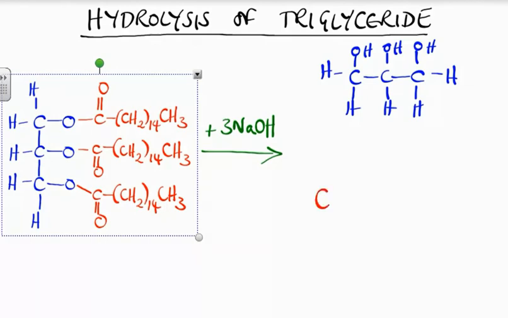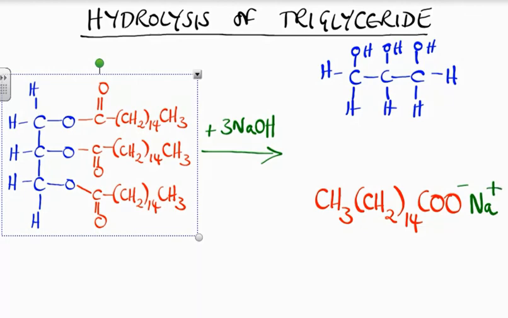So the carboxylic acids that we've got, no problem with the chain, but then remember that under alkaline conditions we're not going to see the carboxylic acid, we'll see the carboxylate salt of the carboxylic acid. So a long chain carboxylate salt will serve as soap.